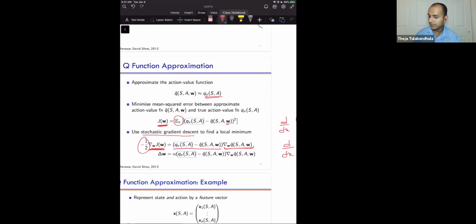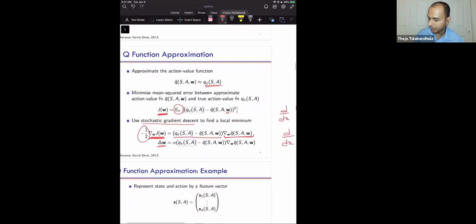Once you have this gradient of the scoring function or the loss function, you can do a gradient update, which would be W new. Think of W as a vector if you want.